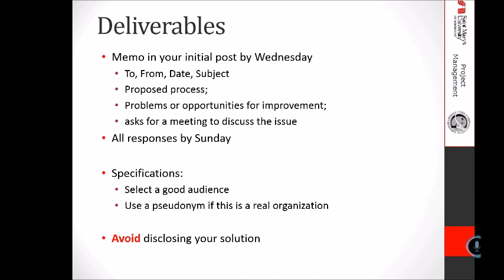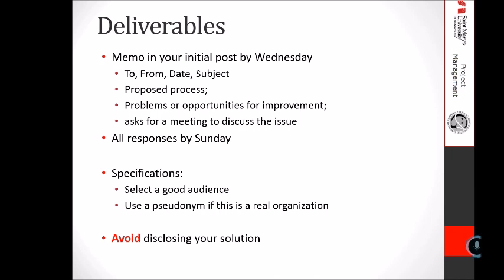It should describe the process that you are going to be working with. Explain a little bit about problems or opportunities for improving that process, and it should also ask for a meeting to discuss the issues. All of the memos should be posted by Wednesday. All responses to your peers are due by Sunday.